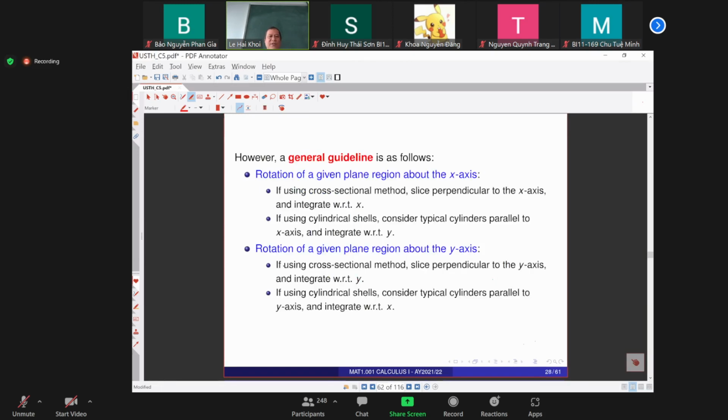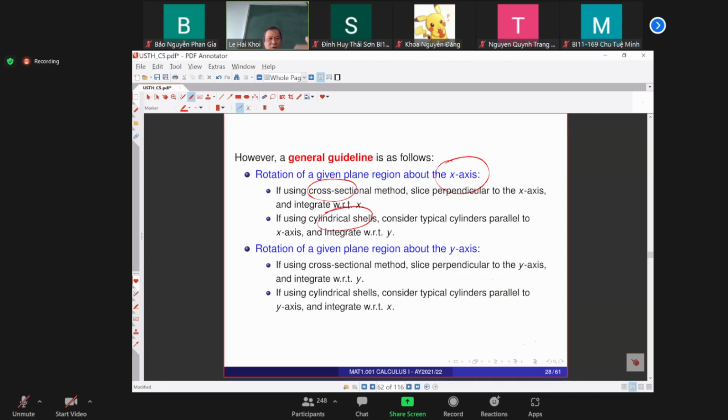Okay, so the general guide. For the cross-section, try to build up the coordinate and then use the perpendicular plane to get the cross-section. For the cylindrical shell, you have to see the cylinder parallel to the x-axis and integrate with respect to y, for example.